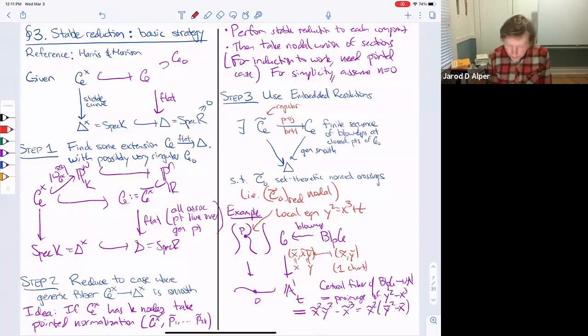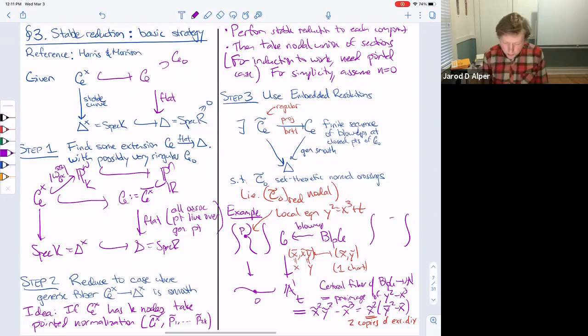And notice that here, this x tilde is the local equation for the exceptional divisor, and we get two copies of the exceptional divisor. And what the picture looks like geometrically is that I haven't changed the generic fiber. I still have generically a family of smooth curves.